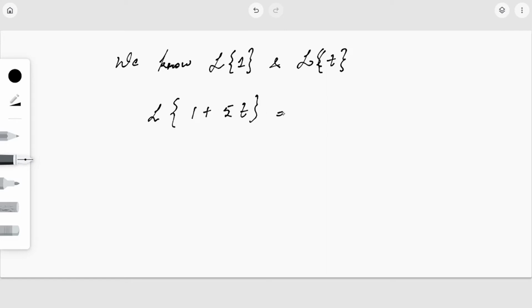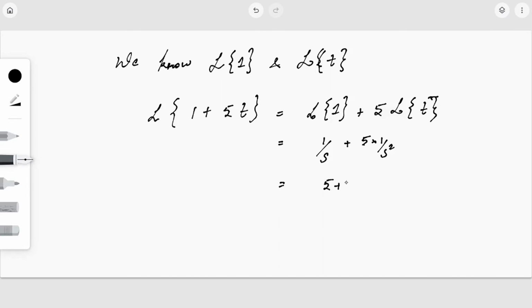By linearity of Laplace transform, this is the Laplace transform of 1 plus 5 into the Laplace transform of t. The Laplace transform of 1 is 1 by s, plus 5 into 1 by s square. Altogether this will be (s plus 5) by s square.